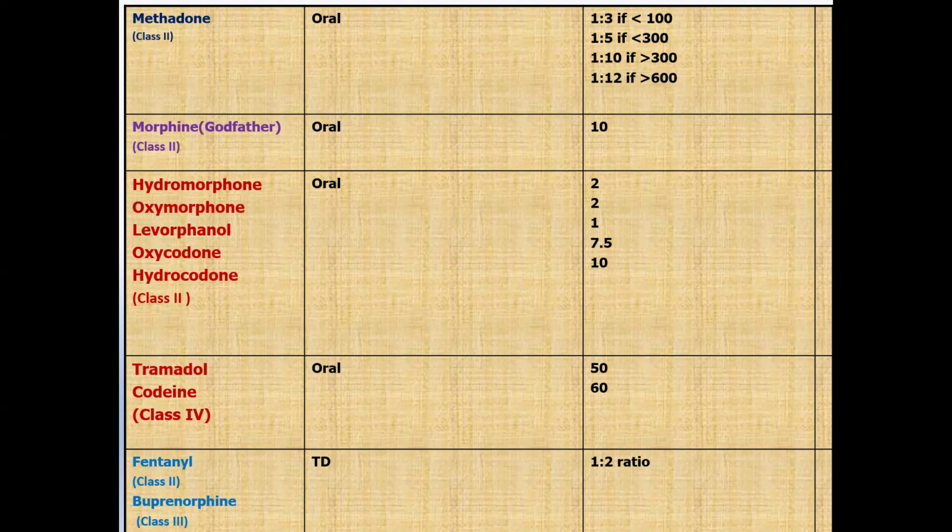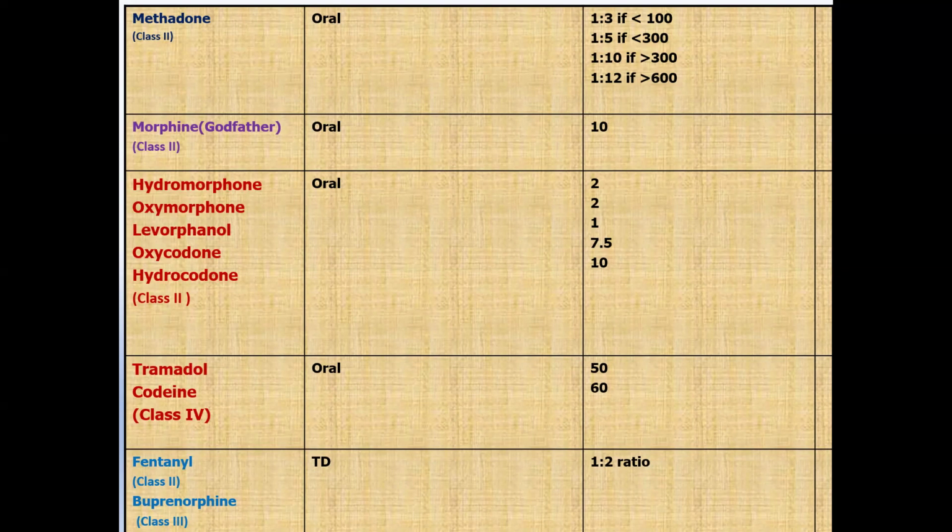I want to say something about this. All the drugs you can classify into three groups. First group is methadone. This is one group on its own because it has special conversion formulas. In fact, with methadone, the higher the dose, the stronger the drug becomes because of the NMDA antagonist activity.